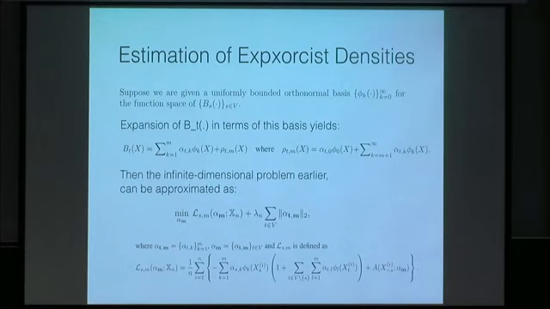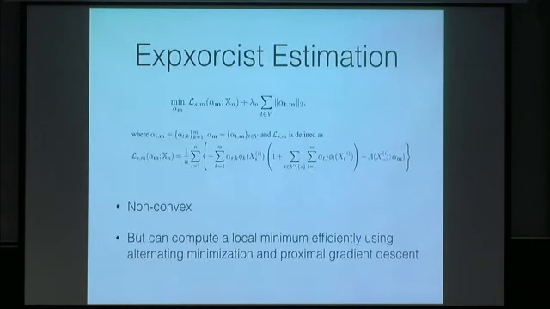In my statistical analysis, I have to take into account this error term rho. But computationally, if I just work with this truncated basis, I now have a finite dimensional optimization problem, where I'm just going to estimate the truncated basis coefficients. And so I have this finite dimensional optimization problem.